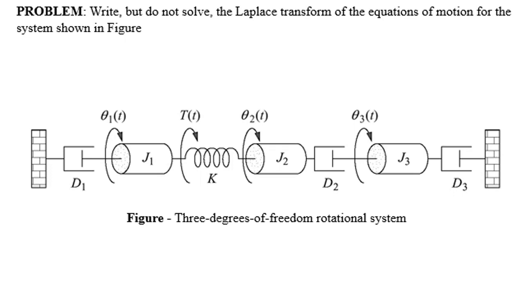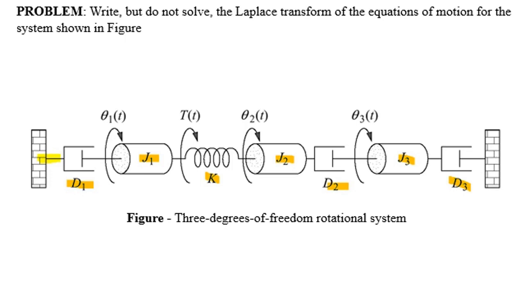In this example, we have a system which consists of one spring with coefficient K, three inertial components with coefficients J1, J2 and J3, and three viscous dampers with coefficients D1, D2 and D3.